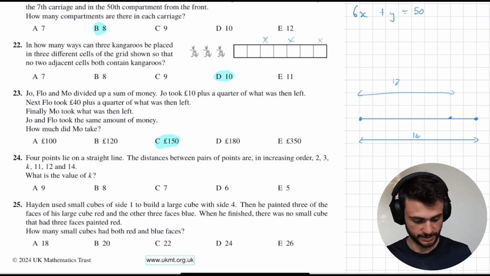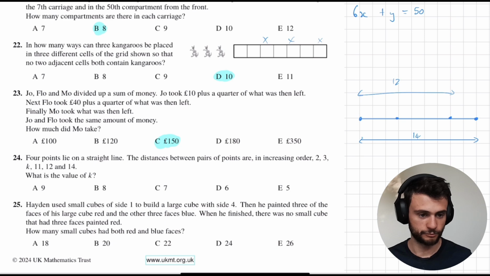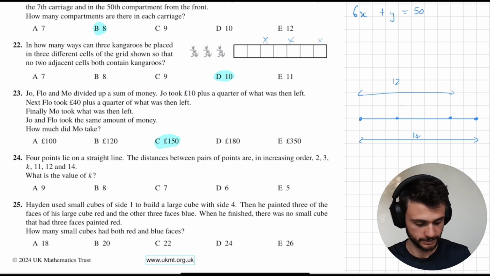The next smallest value is 11. So that's going to have to be close to the point on the left, because if it's close to the point on the right, then it's going to be a shorter distance, basically, than 11. That means this length is going to have to be 11.